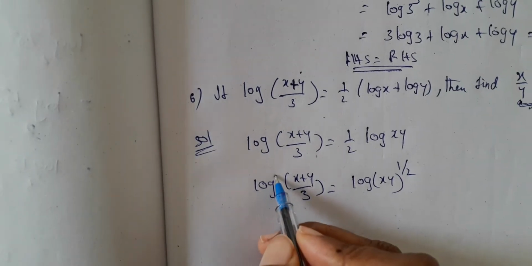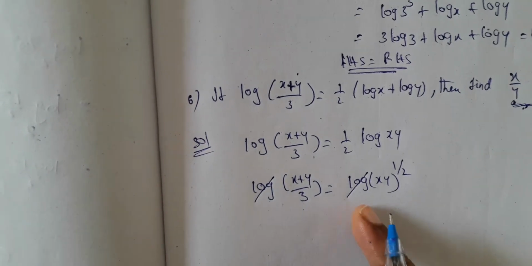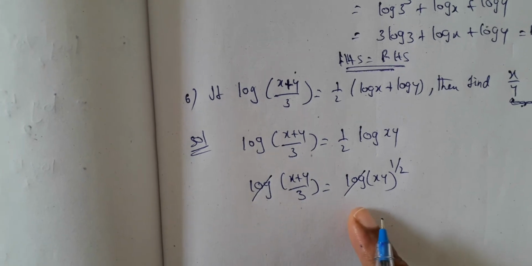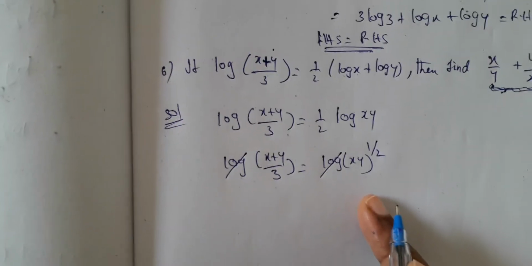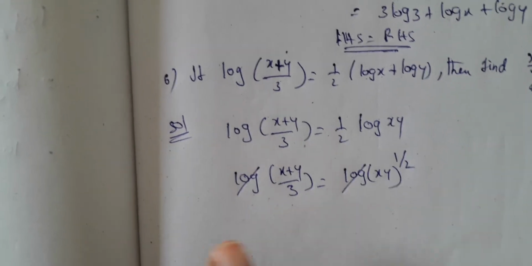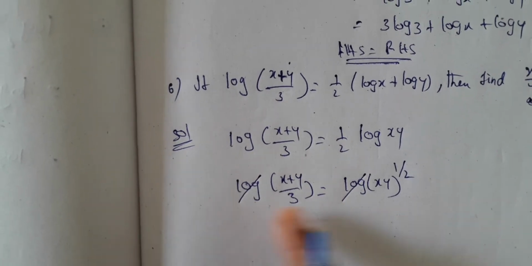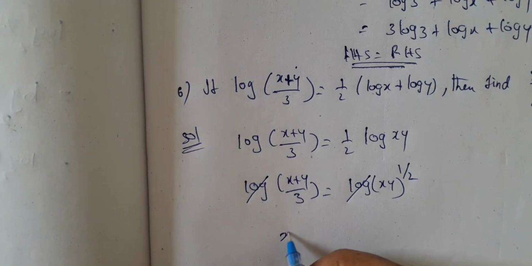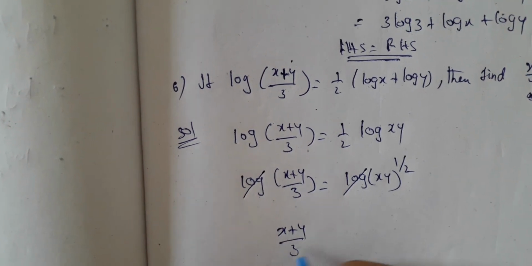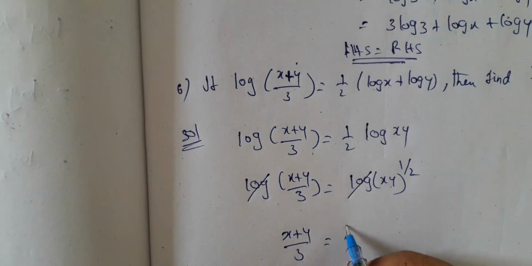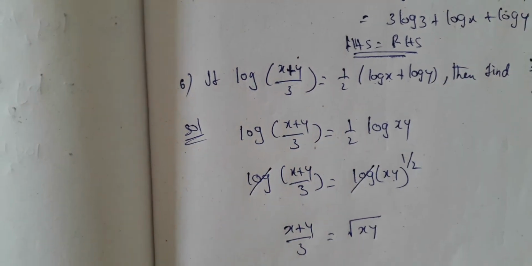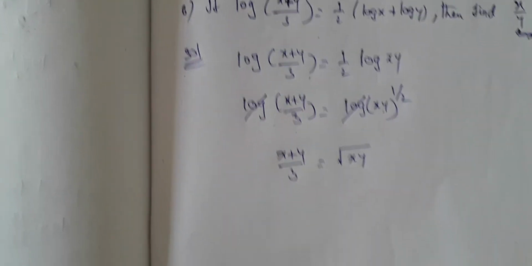So now you can eliminate log on both sides. Cancelling log on both sides, or you can take anti-log on both sides. This is a new term that is coming. You have (x plus y) by 3 is equal to (xy) whole power 1 by 2, which means root xy, the square root of xy.